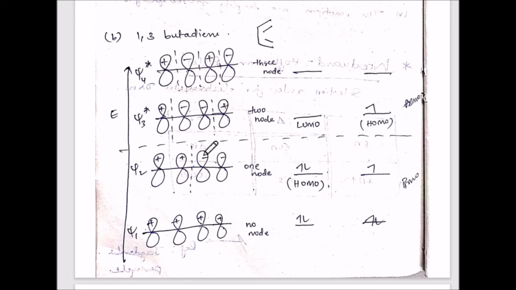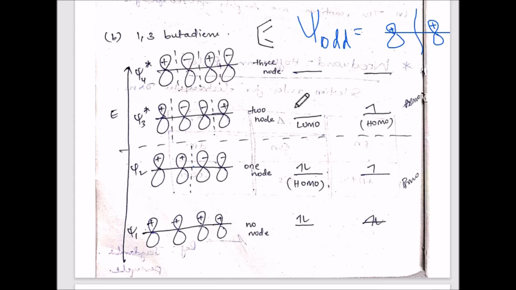I'll tell you a trick to remember how to put the nodes and what sign to put. Now it is psi1, and you see that this number is odd. If your psi is odd, in the terminal lobes you put the same sign, plus and plus.